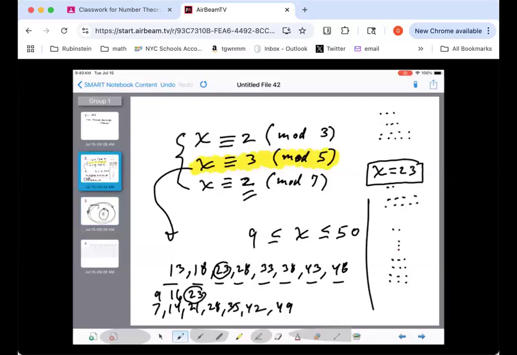Now, this question was at least possible to do through some kind of sleuthing. But if I were to change the numbers to be bigger, where's my example? Well, I lost it. That's all right.